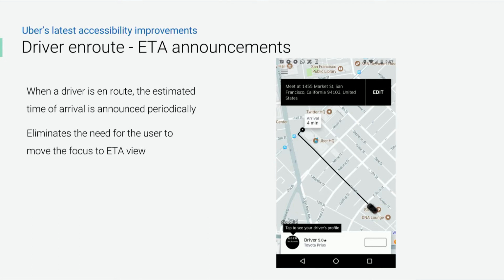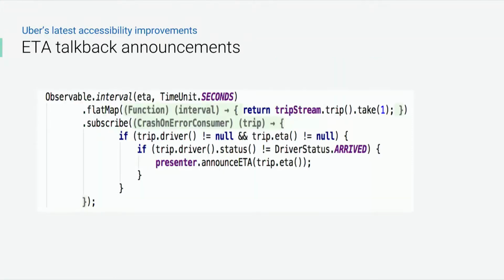When the driver is approaching you, we have code something like this, which will announce the ETA. This is reactive code which, at every ETA interval in seconds, flat maps the trip stream, which will have the trip information, and it'll announce the trip information.